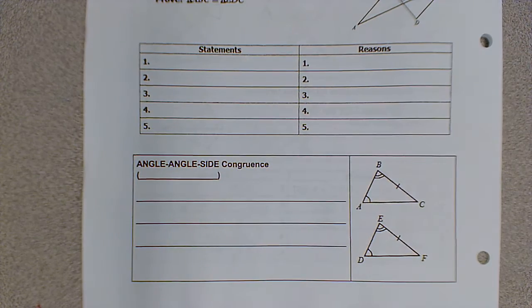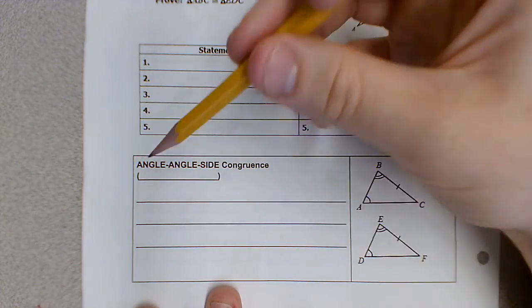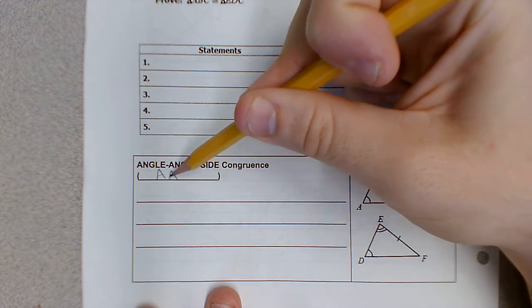So angle, angle, side, angle, they're pretty similar. They have pretty similar proofs as well, or they have pretty similar definitions as well. This one's going to be like so. I'm going to start with calling this AAS.